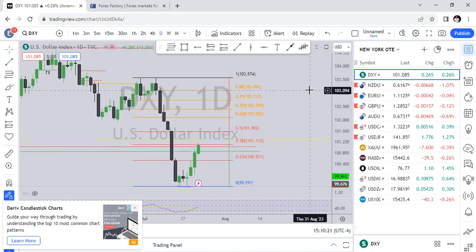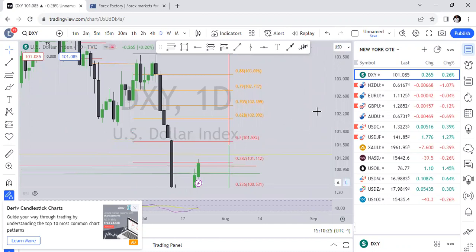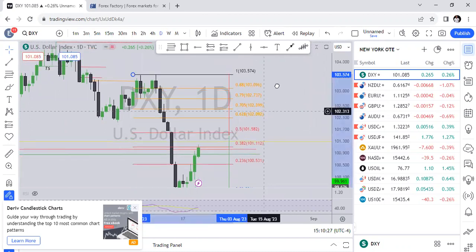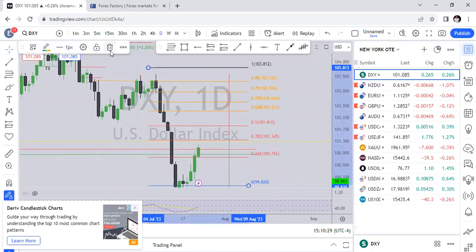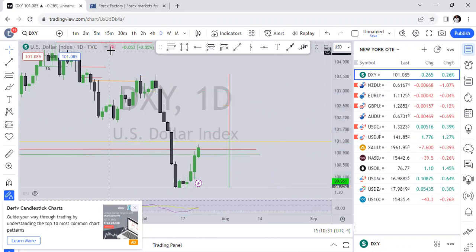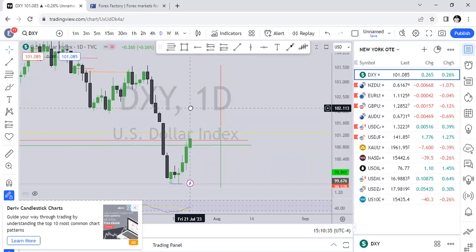So what you're seeing is the dollar index. The dollar index is simply the dollar. I usually like looking at it first, because whatever happens with the dollar index determines what will happen with the currencies that are having the dollar.